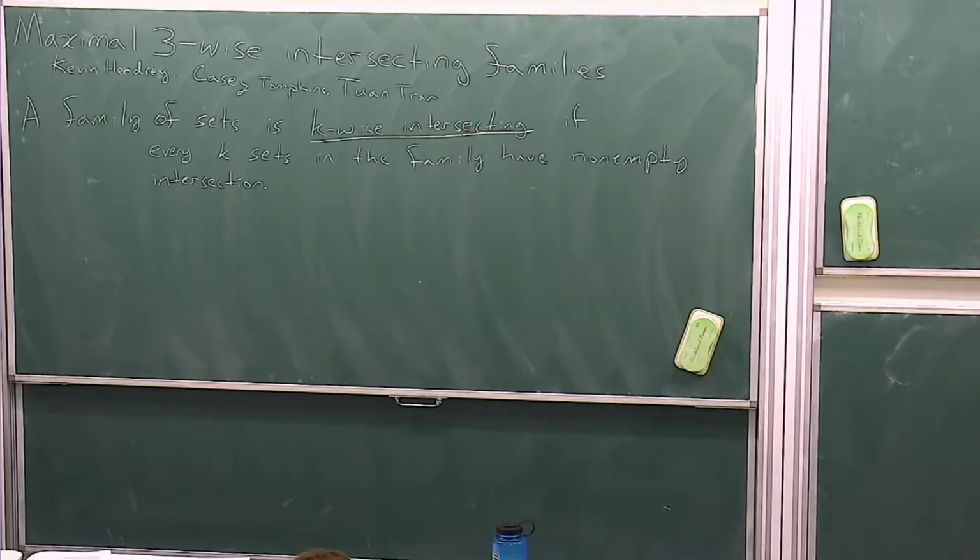So if you add a set, then inevitably there are some other k minus 1 sets where the new set together with those k minus 1 don't have any point that's in all of them.